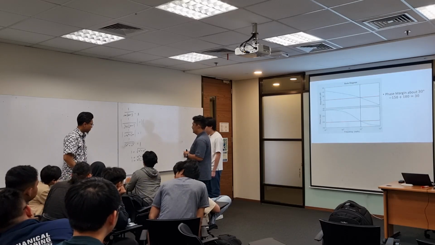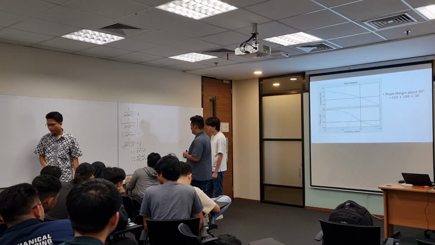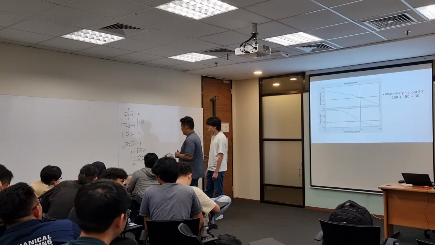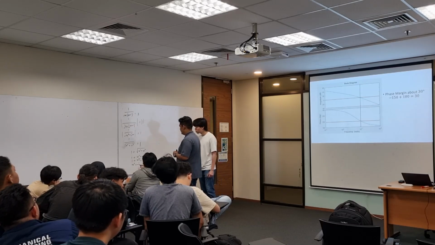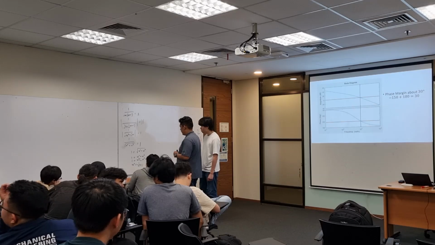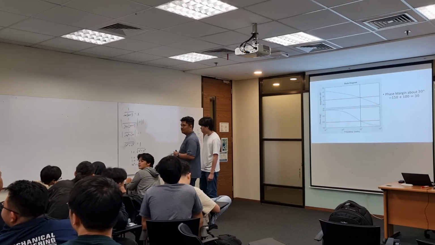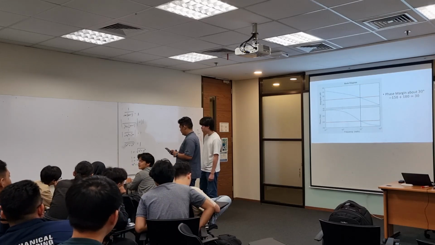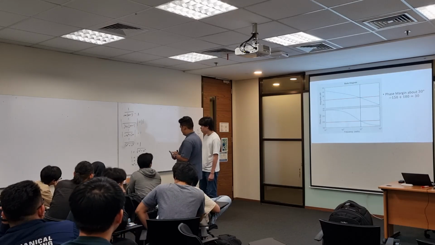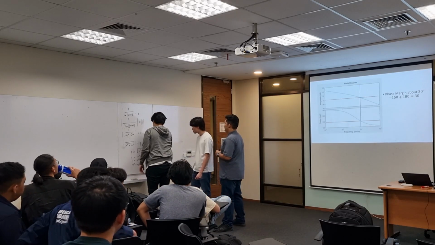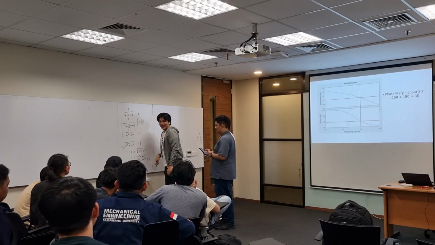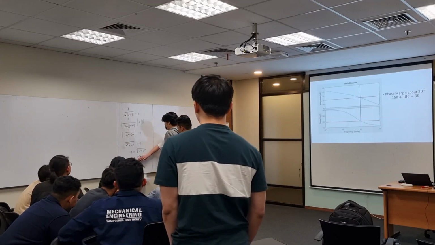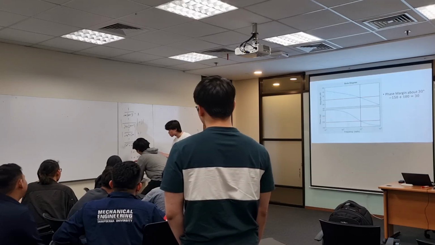The 1 goes to the other side, so zero equals omega to the fourth plus omega squared minus 1.